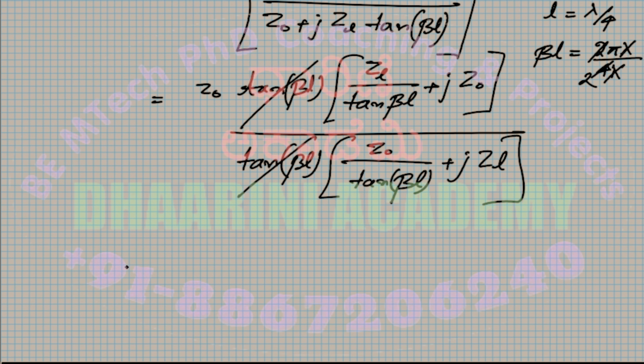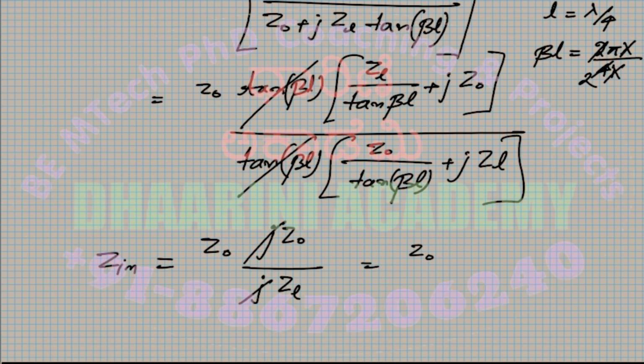Tan beta L cancels. Now you substitute. When that infinity goes to the denominator, that is 0. So in the numerator you get j times Z naught, in the denominator you get j times ZL. j cancels, so this is Z naught square divided by ZL.